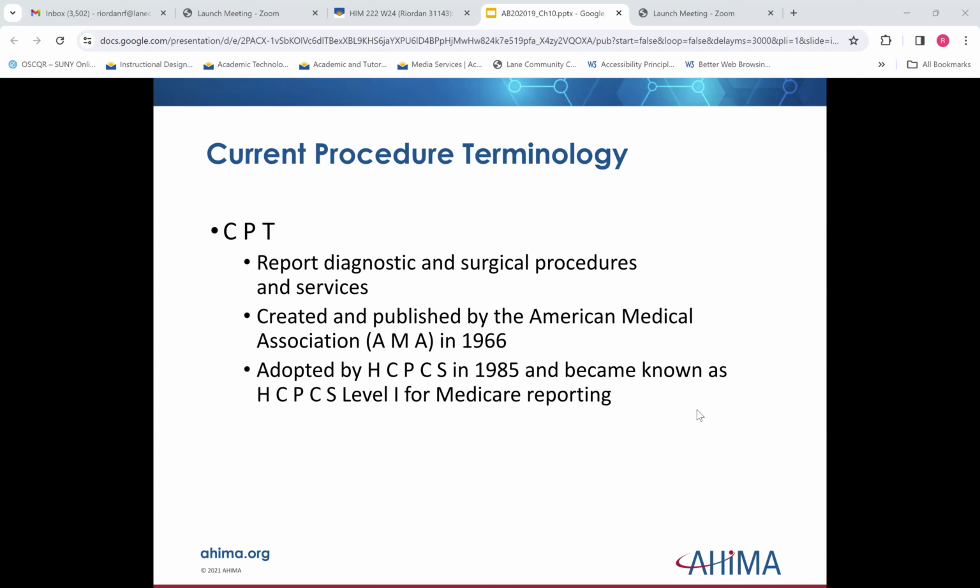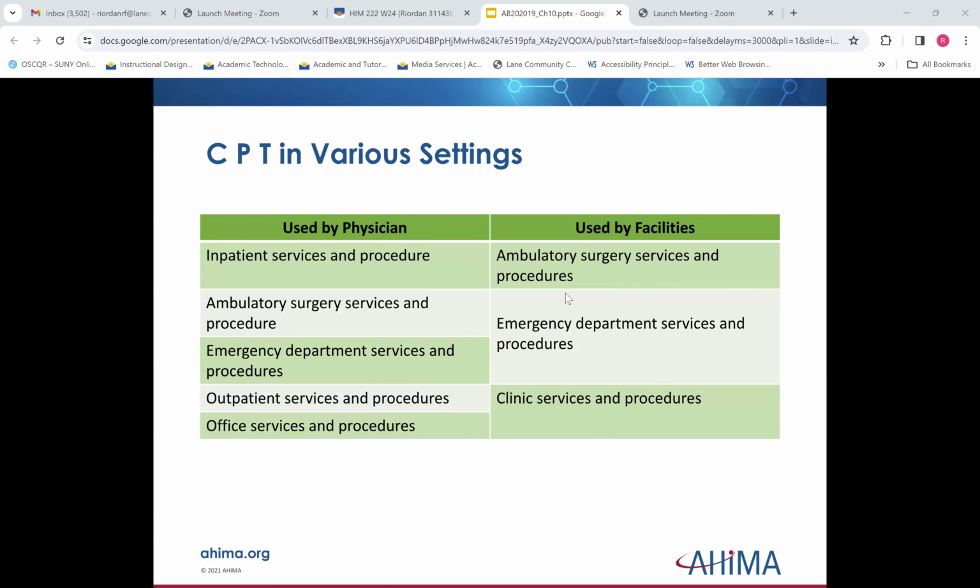Right? So it's owned and it was created by the American Medical Association. And in 1985, adopted by HCPCS, became known as HCPCS Level 1 for Medicare reporting. But of course, that means that we also have Level 2, which we'll get into in just a bit.